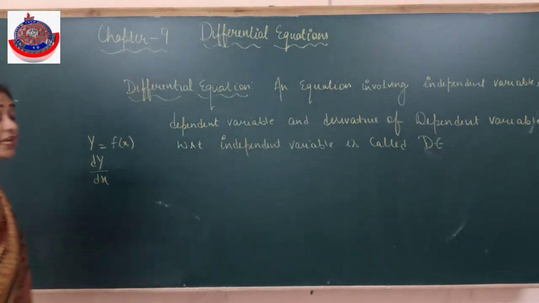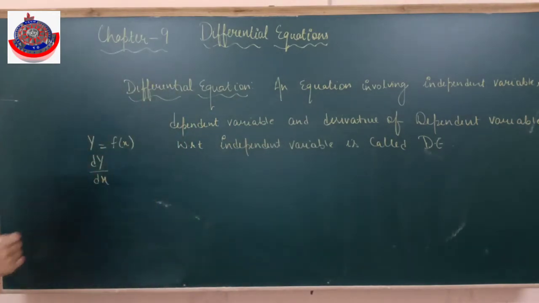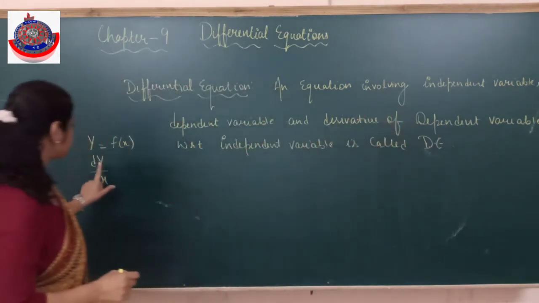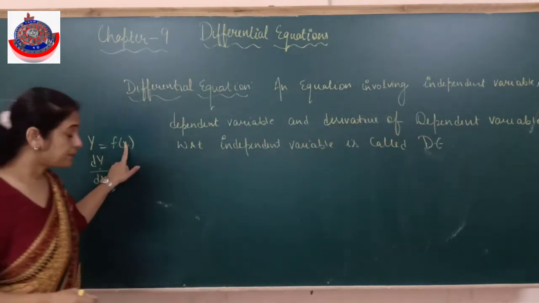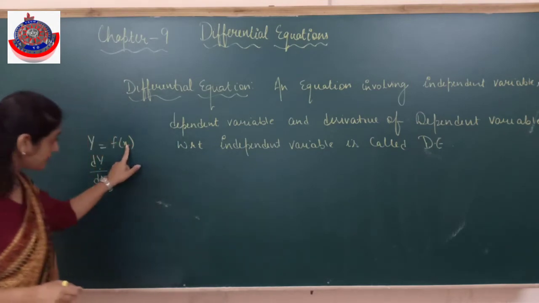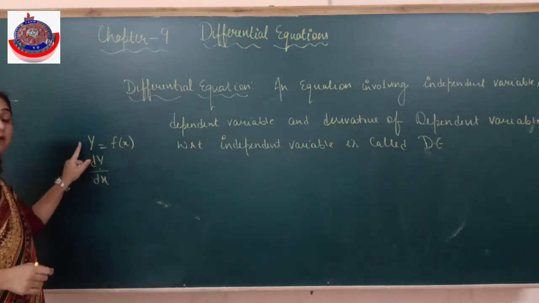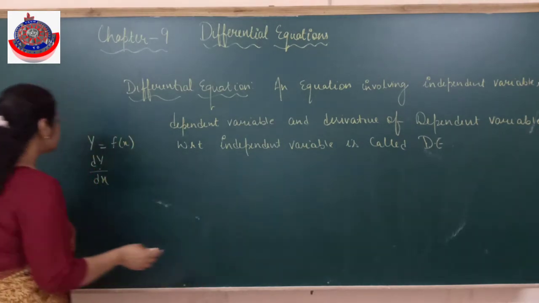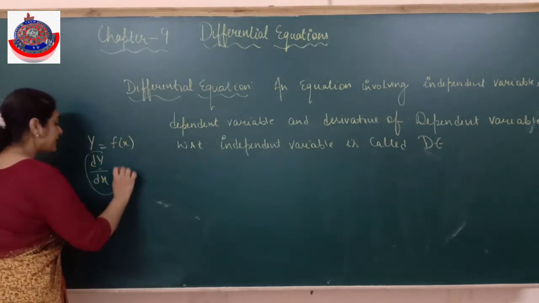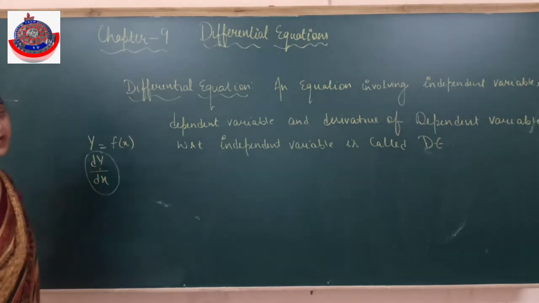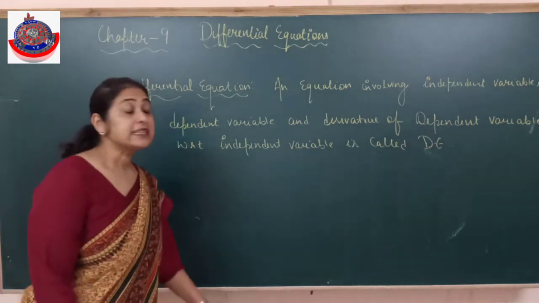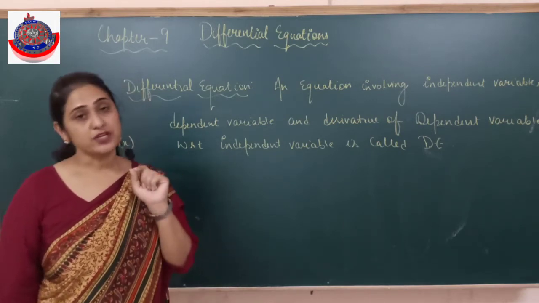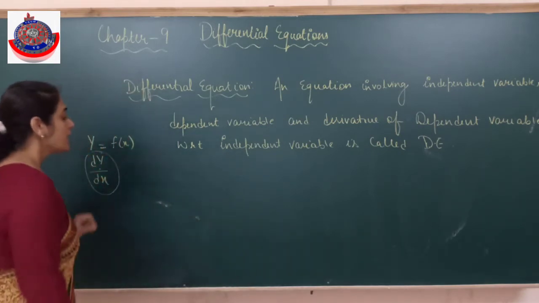That means any equation where you have an independent variable, a dependent variable, y depends on x, y is a function of x, and the derivative of the dependent variable with respect to x, on which it depends, that equation is called a differential equation.